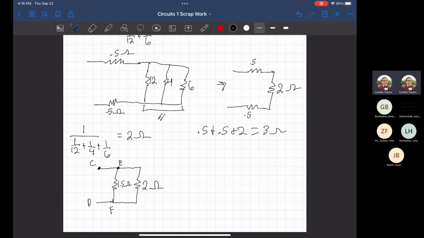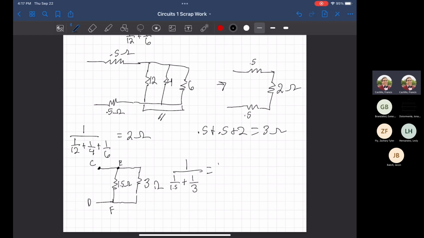Okay. Guess what? It's in parallel. So we know it's going to be 1 over 1.5 plus 1 over 2, which is equal to... oh, not 2, it's 3, my bad. 3 ohms there, 3 ohms here, because math.